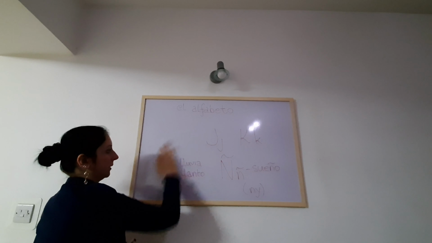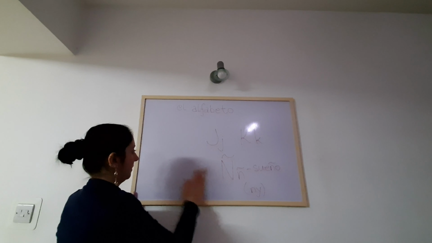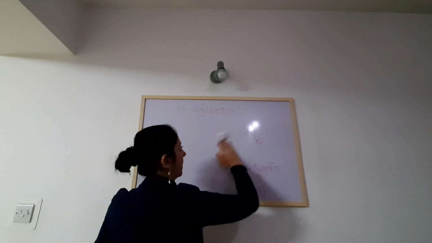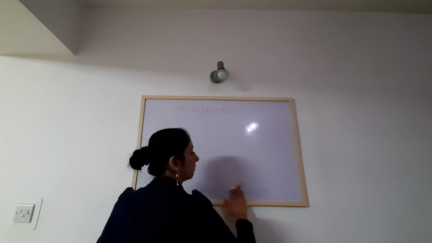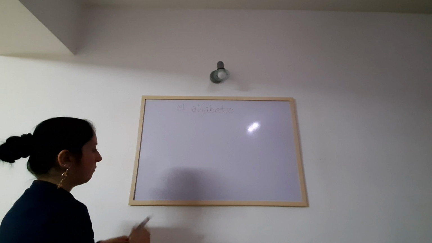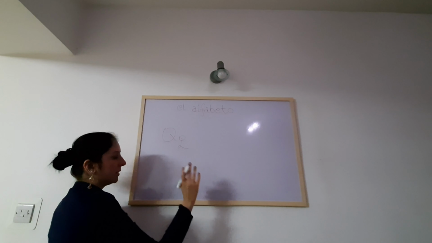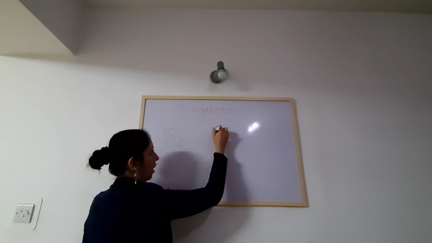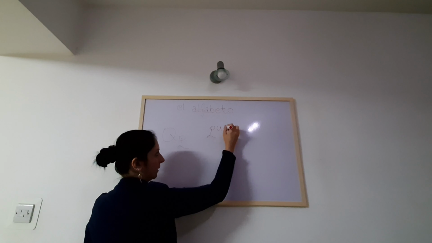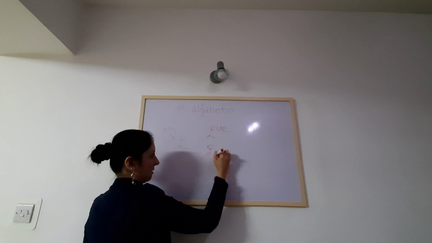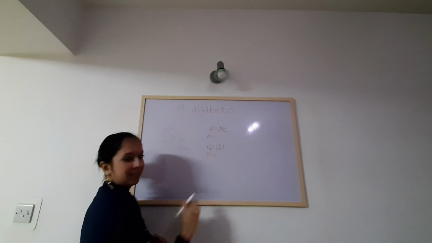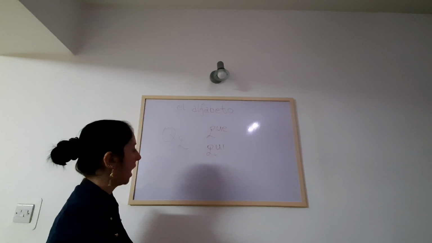P, also normal, P. Then we have the letter Q, which is in some way similar to G, because Q, you will see it only in the combination of ke and ki, like ge and gi, if you remember.